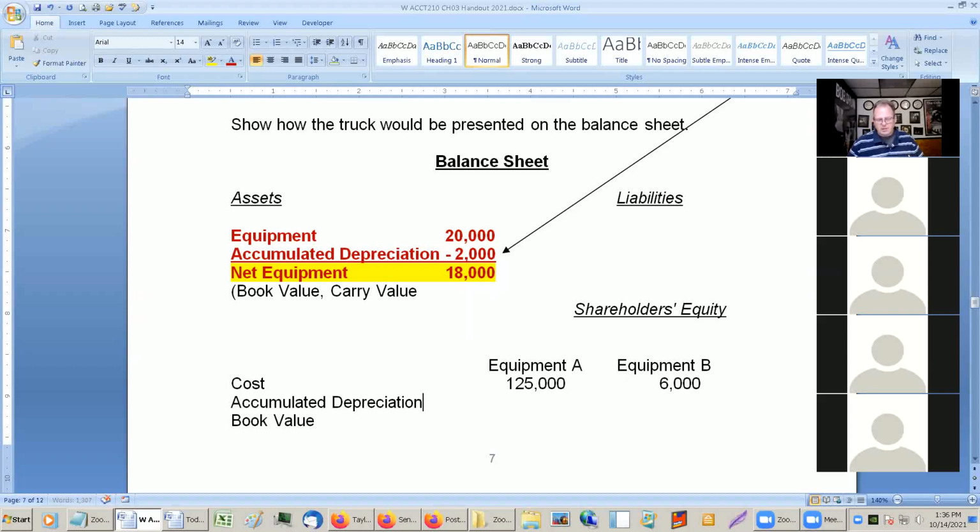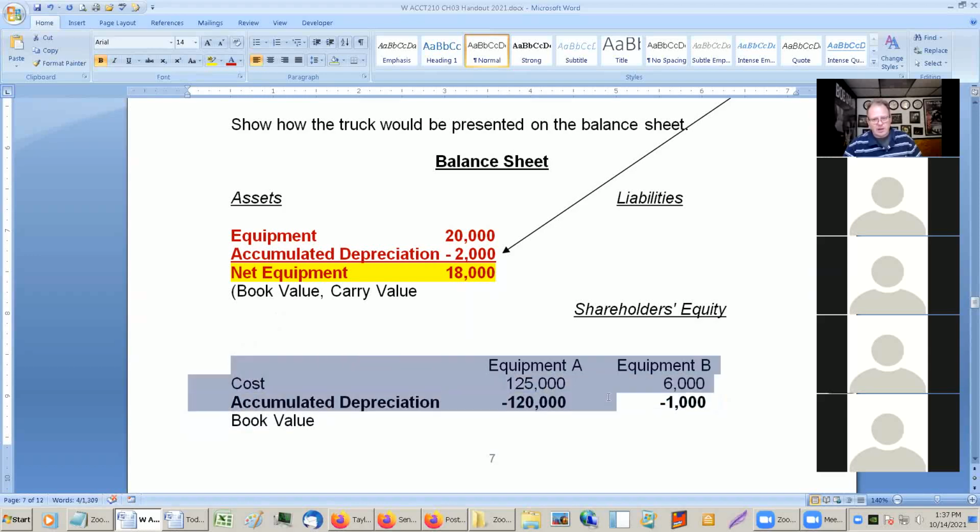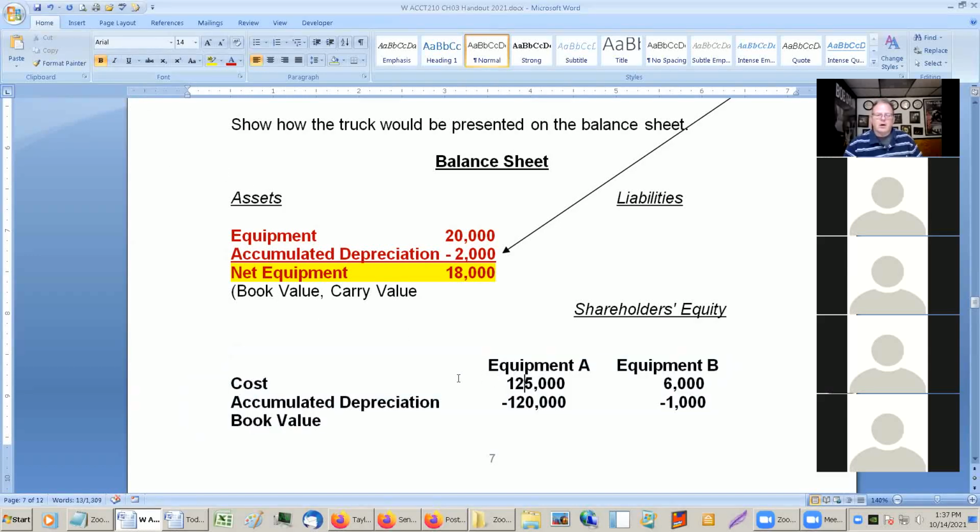Accumulated depreciation. Okay, so we have two pieces of equipment.